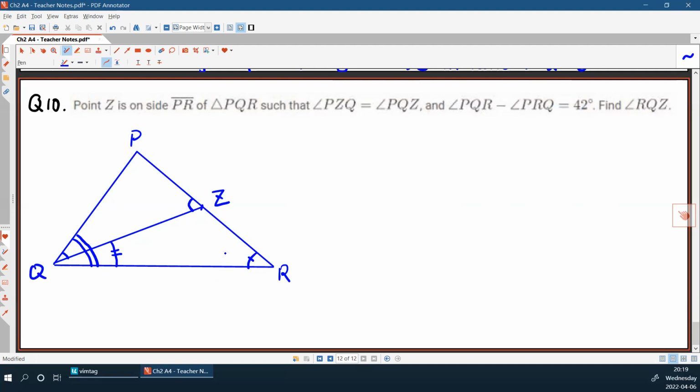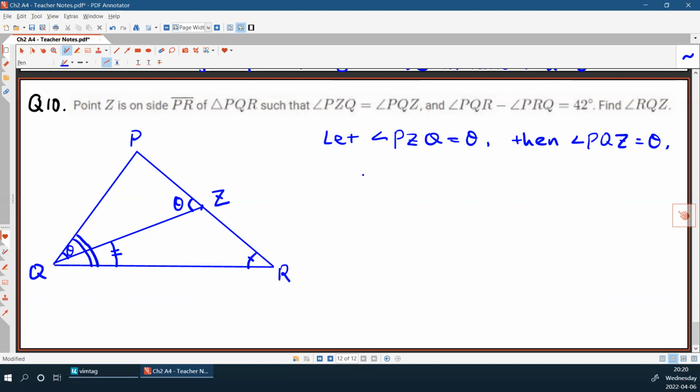Okay, so what is the given information? Suppose this angle is theta, then we know this angle here is also theta, right? Can you follow me? Yeah. So in order to facilitate our discussion, let's suppose angle PZQ equals theta. Then angle PQZ is also theta, right?